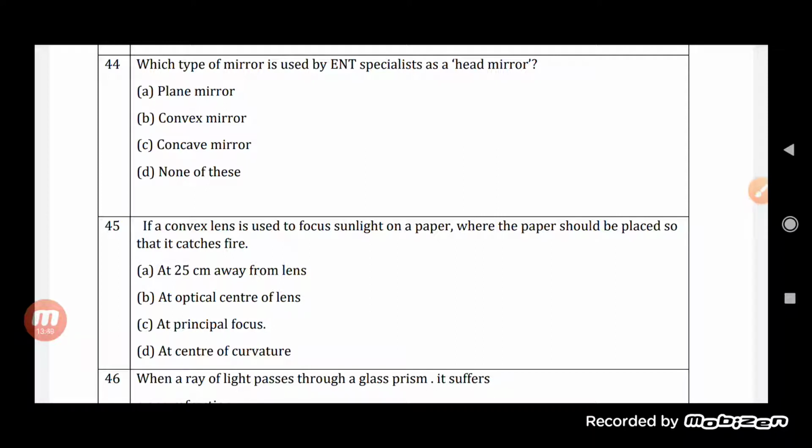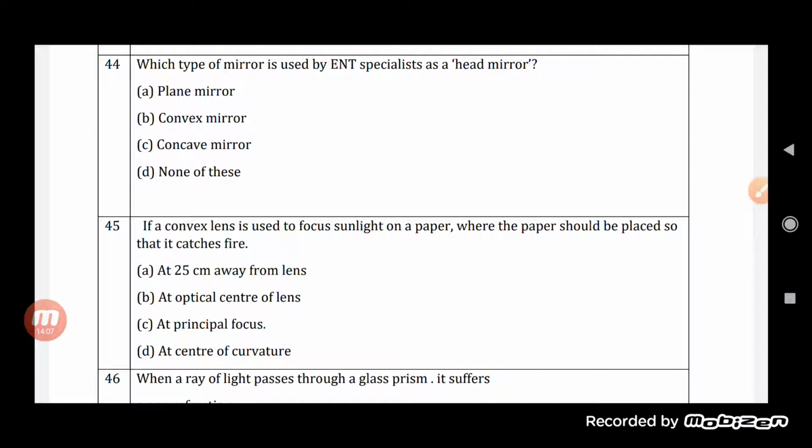The kind of mirror used by them is a concave mirror. And what is the reason behind it? Because a concave mirror is used to enlarge the size of the image. If you take a convex mirror, it decreases the image size; the image formed by a convex mirror is diminished, right?